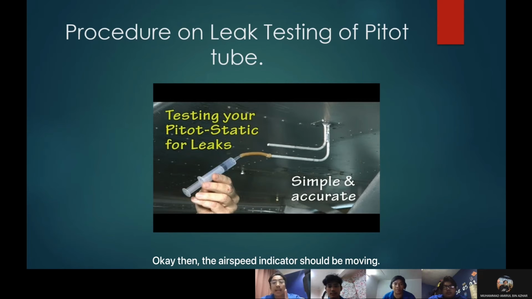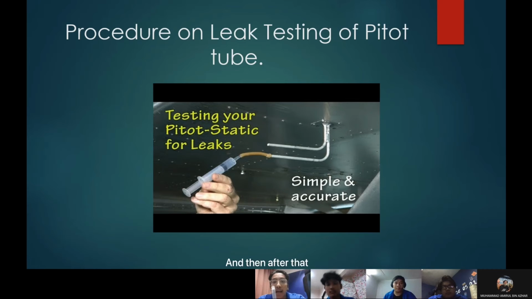Okay, then the air indicator should be moving. You need to check the air indicator and it should be moving. Okay, then after it has moved, press the syringe again, same quarter of an inch slowly, and obviously the air indicator should also be moving.